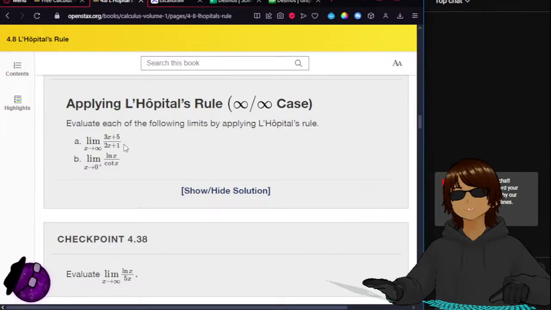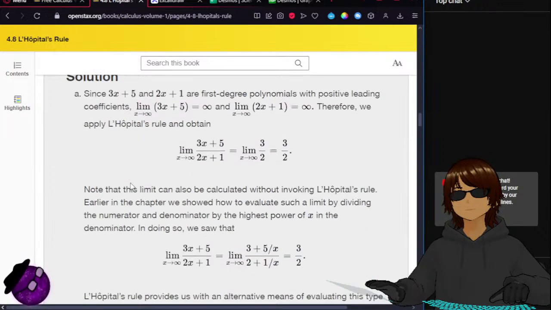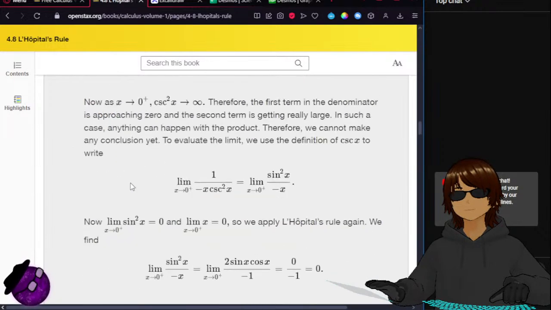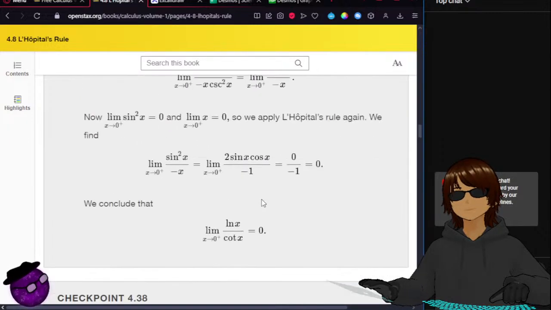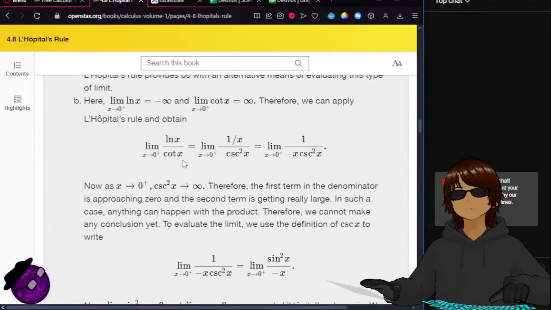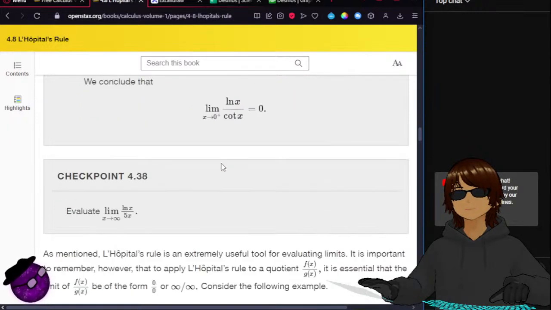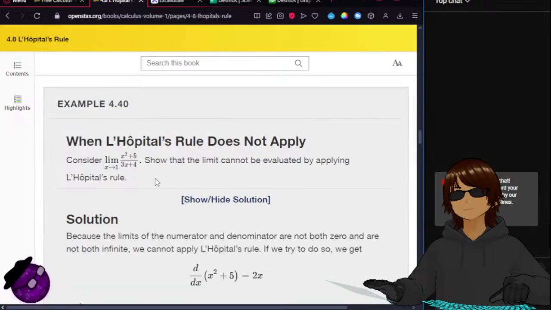The first one should be 3 over 2, right? The next one is 0. The derivative of ln of x is 1 over x. What is minus cosecant squared x? Derivative here.